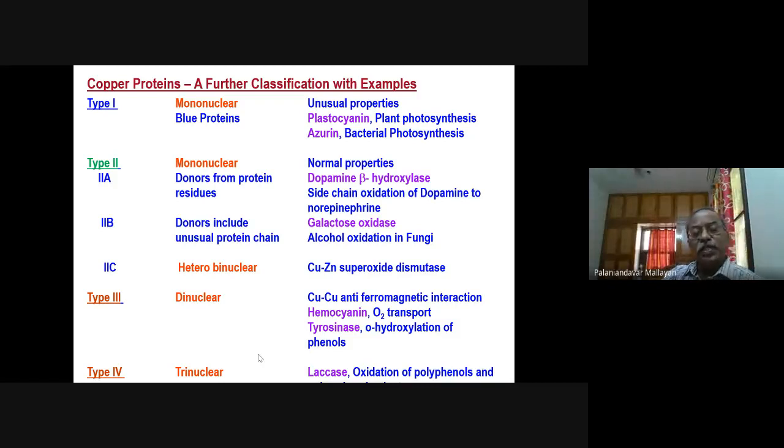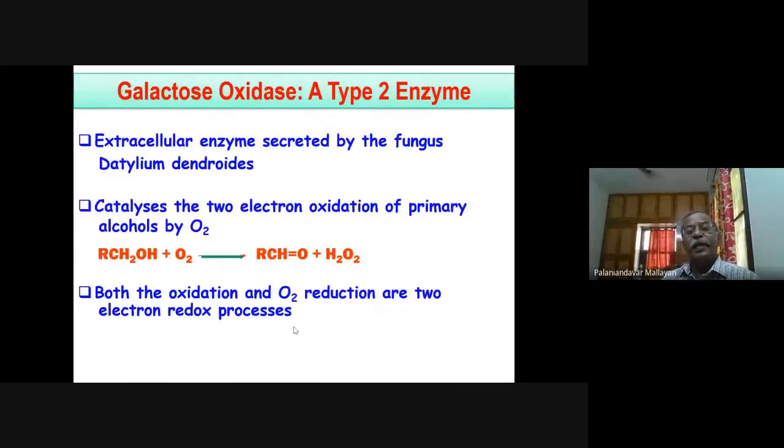So galactose oxidase is a type 2 enzyme. As I told you, we dealt with this enzyme supported by Department of Science and Technology. We tried to make models for this. So when we took up the work around 89-90, there was hardly any understanding of this enzyme.